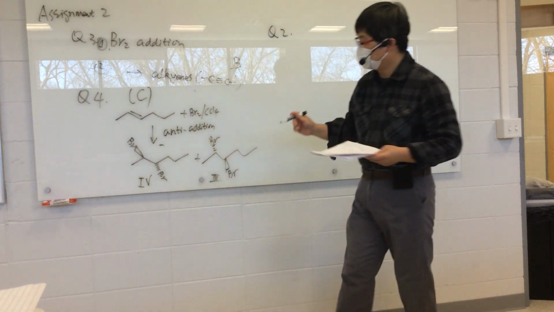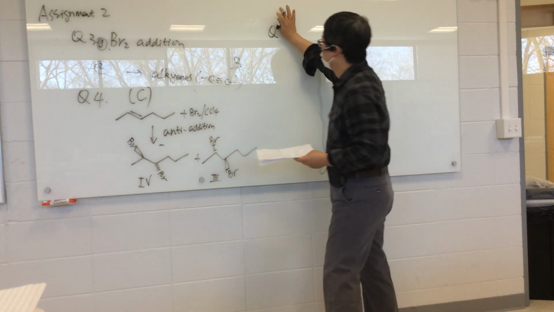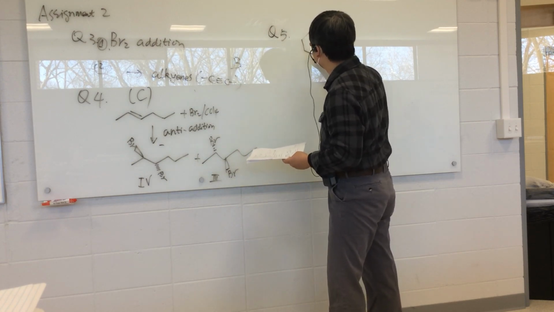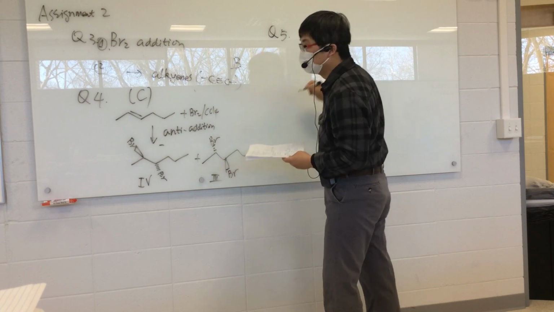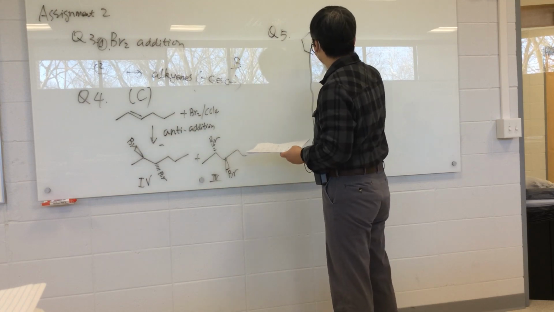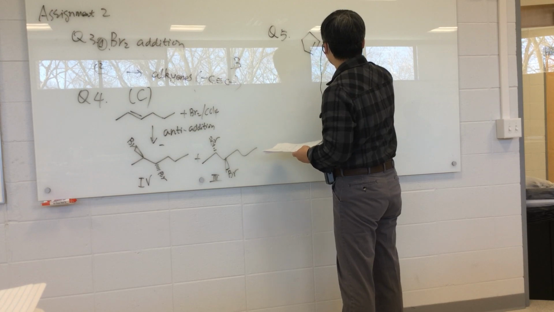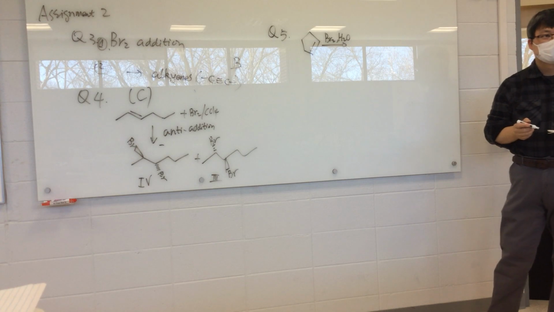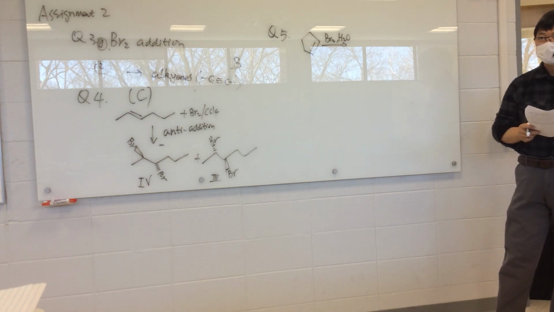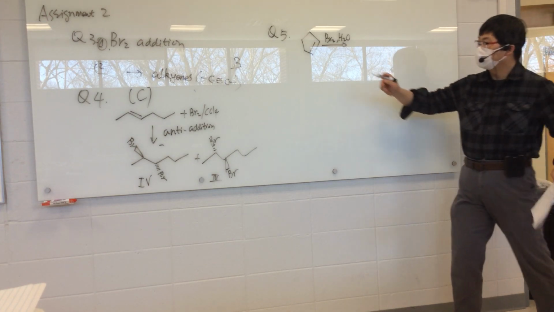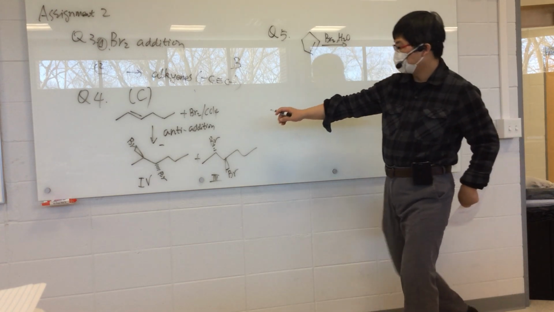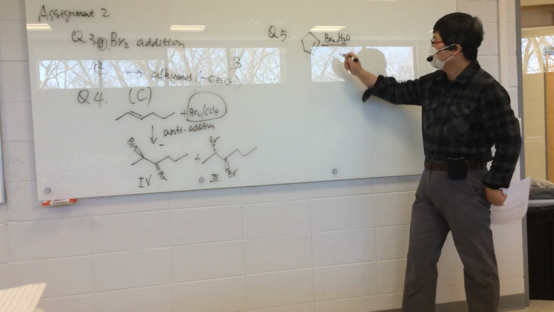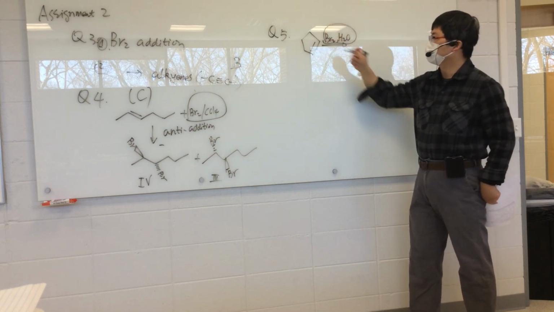And I purposely put questions 4 and 5 together, because here the reaction is in this. If you see, here the solvent is bromine in carbon tetrachloride, and here the solvent is water.